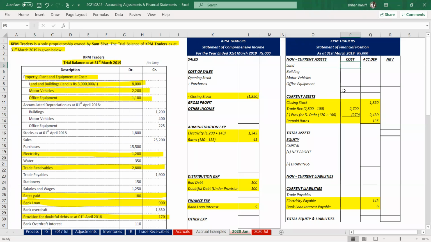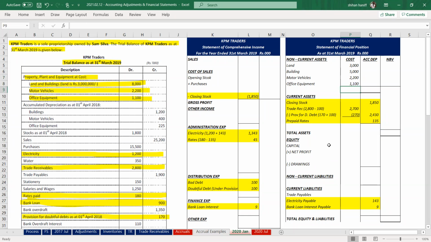First, let's record them in the statement of financial position. The cost. Land is 3,000. Therefore, building is 5,000, total 8,000. Motor vehicle 2,200.